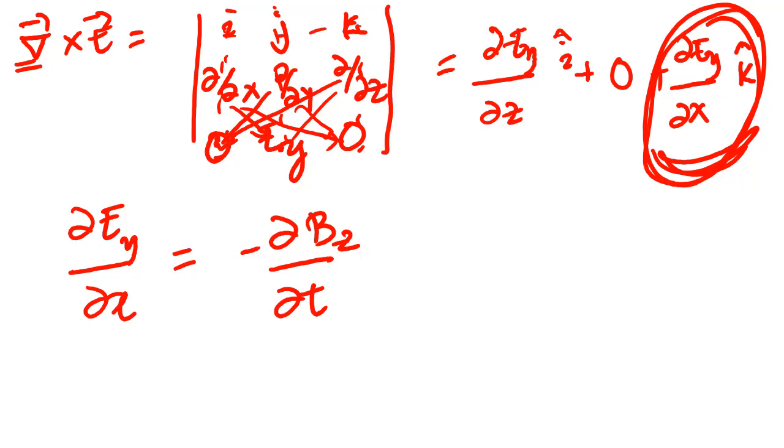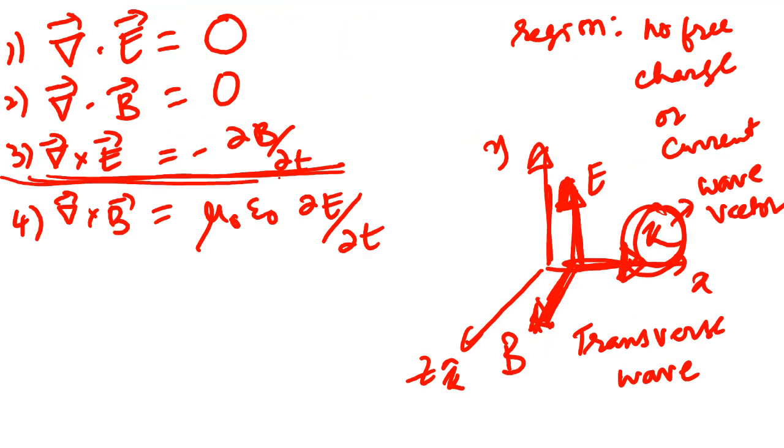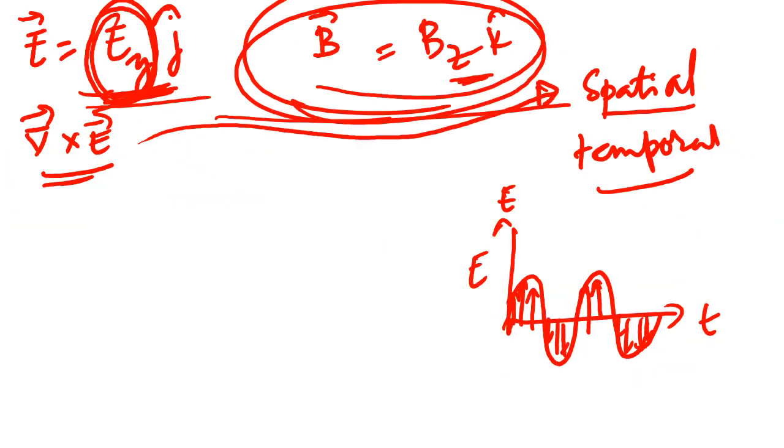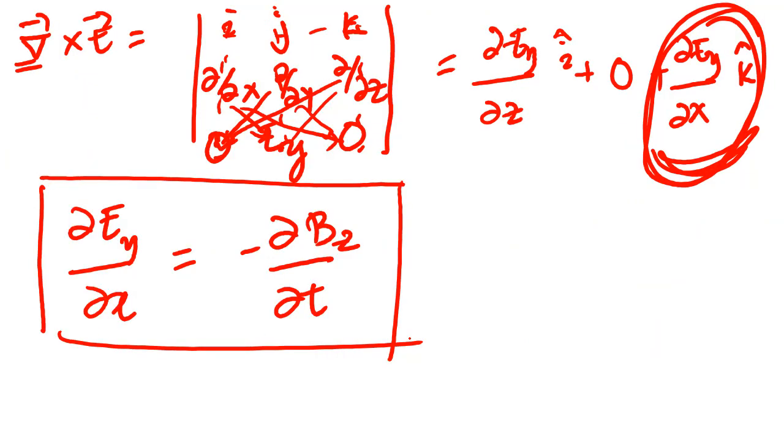Recall that we had chosen our magnetic and electric fields to be along y and z axis, and the third equation tells you that curl E is equal to minus dou B by dou t. So for a one-dimensional case, curl E equal to minus dou B by dou t basically boils down to this. We're not looking at the x component because we're going for a simple case where we're considering magnetic field only along the z axis. So that's why we are taking only this component.